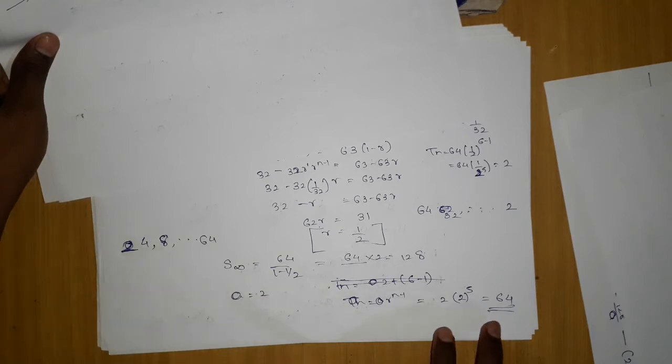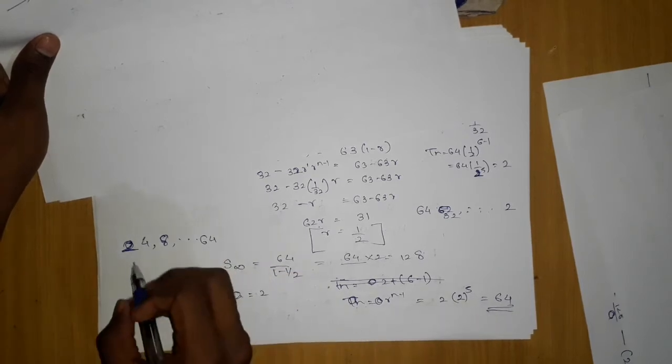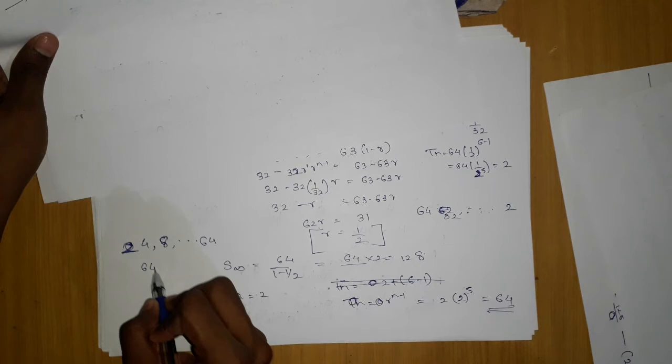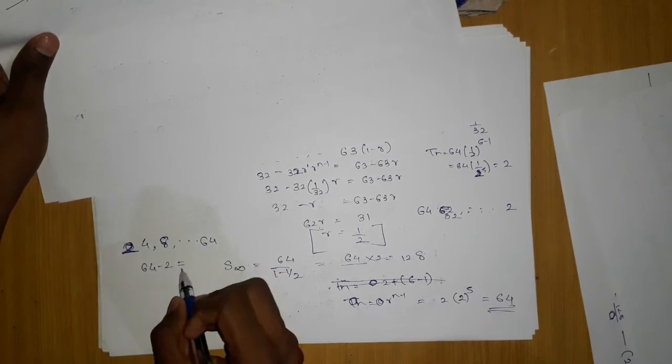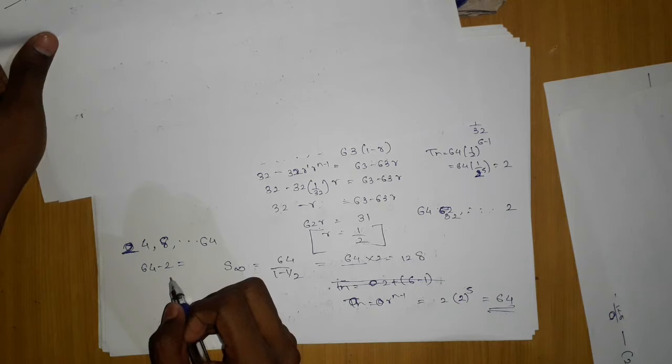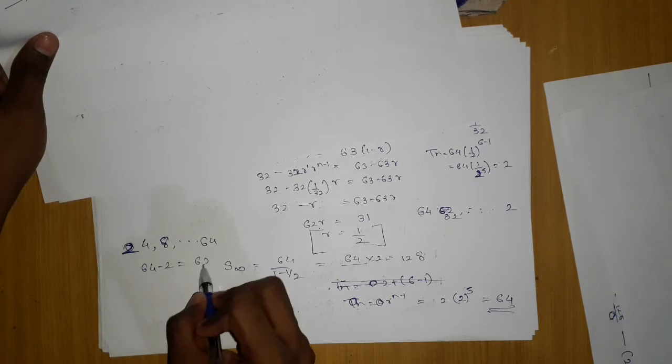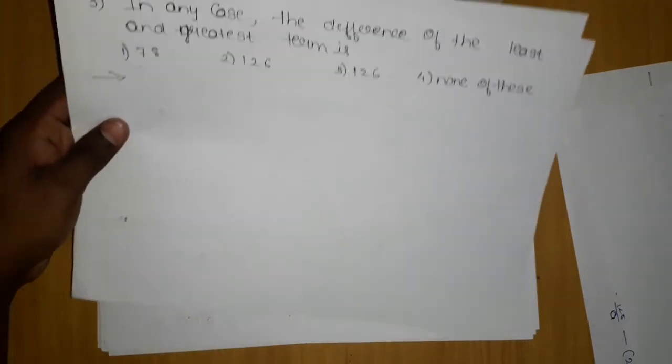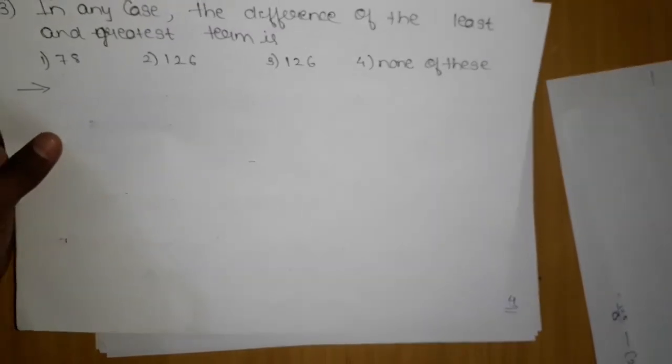So what we got is the difference between the greatest and the least, 64 minus 2, which is 62. Is there any 62 option?